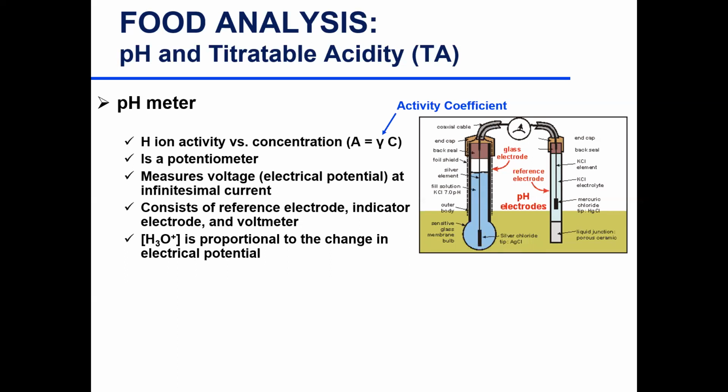And usually you have a reference electrode and an indicator electrode. So the change in potential when a current is run and when you have a sample is proportional to the concentration of hydronium ion. So that's all you need to know about that.